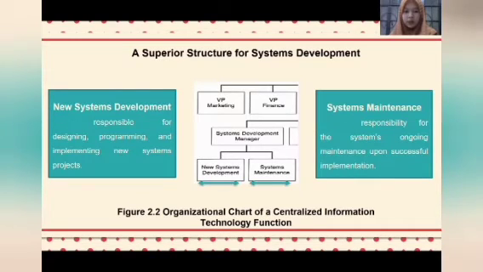Upon successful implementation, responsibility for the system's ongoing maintenance falls to the systems maintenance group. This restructuring has implications that directly address the two control problems I discussed a while ago, the inadequate documentation and the program fraud. So first, documentation standards are improved because the maintenance group requires documentation to perform its maintenance duties.